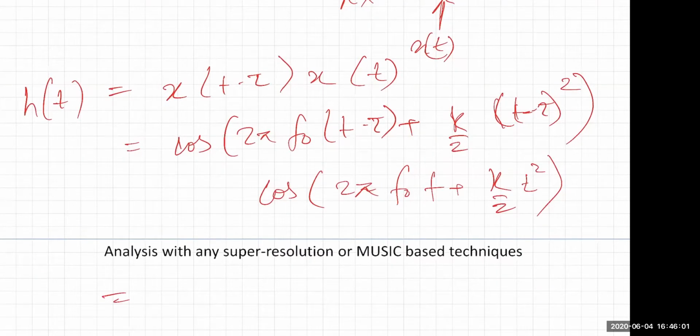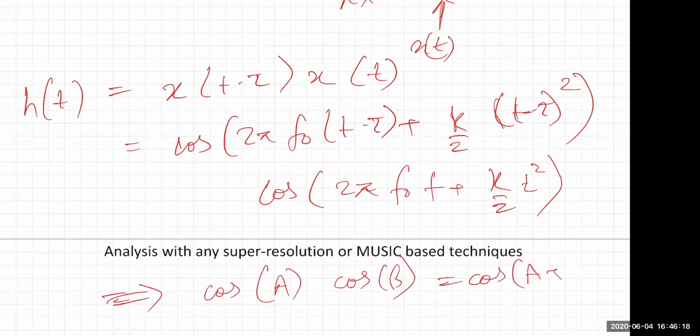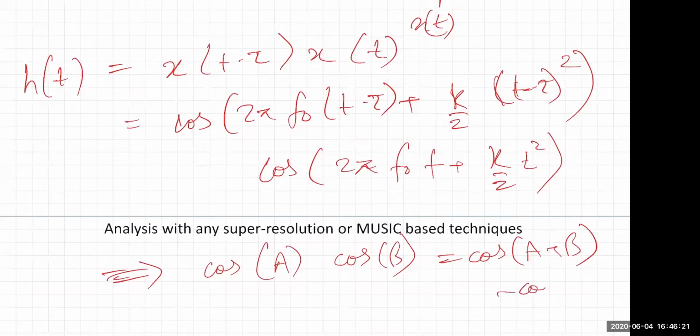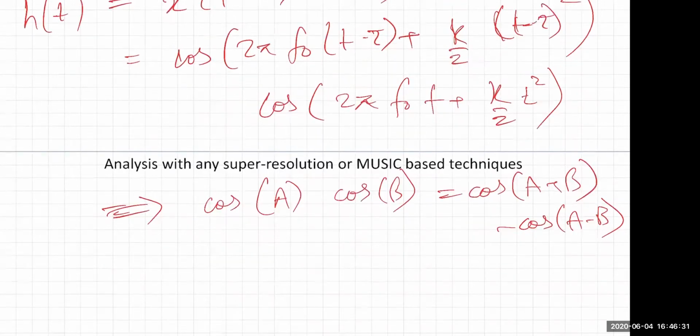Sorry, go ahead. Someone said something. Cos of A minus B plus cos of A plus B. Cos A into cos B is cos of A plus B plus cos of A minus B, summation, right?